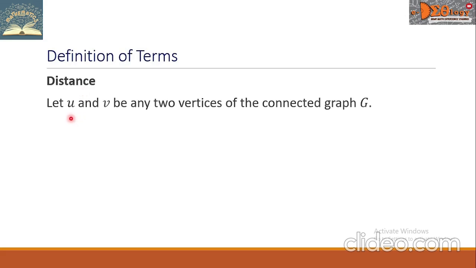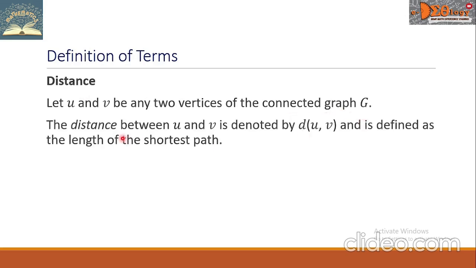Let's continue to define some terms. Let's define distance. Let U and V be any two vertices of the connected graph G. The distance between U and V is denoted by d(U,V) and is defined as the length of the shortest path.